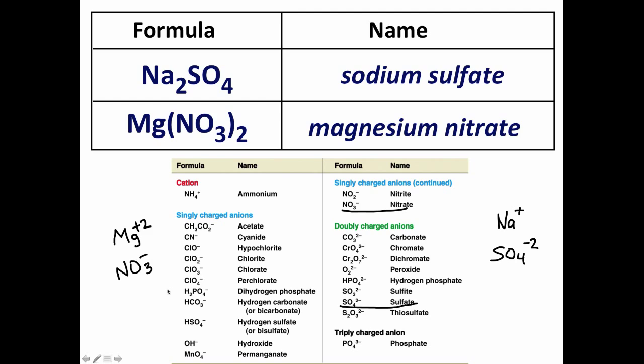So we would write this as Mg(NO3)2. So we have 2 of the entire NO3 ions. This grouping has to be put in parentheses to clarify that that's a whole grouping and that we have 2 of everything that's in there. And also note, once we put the formula together, we don't show the charges.